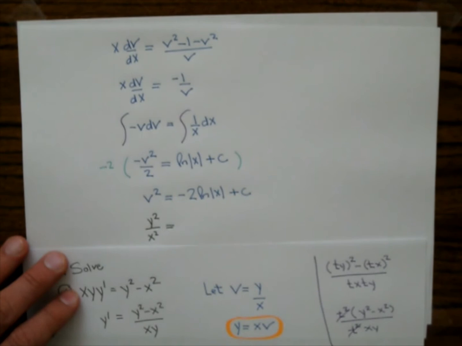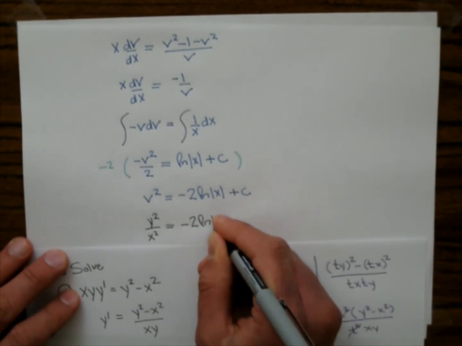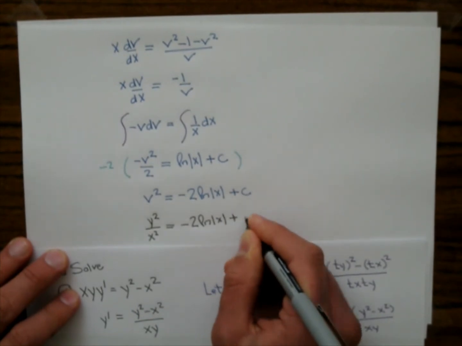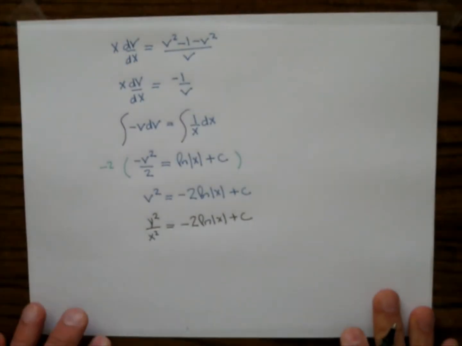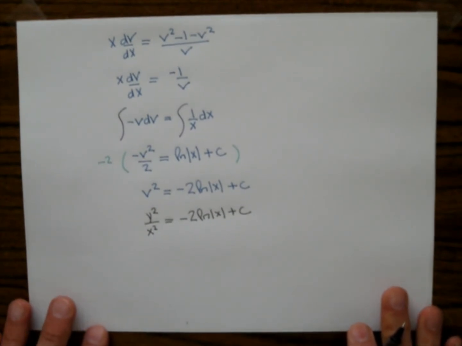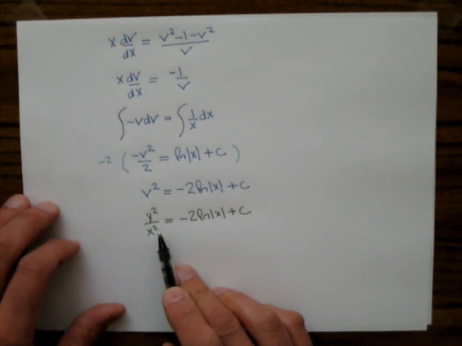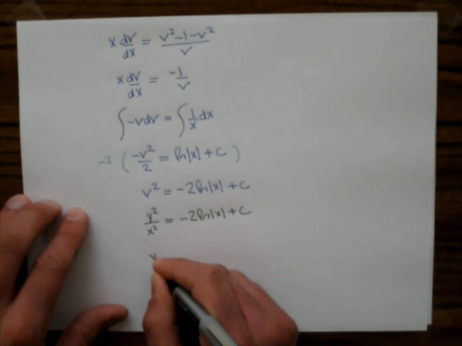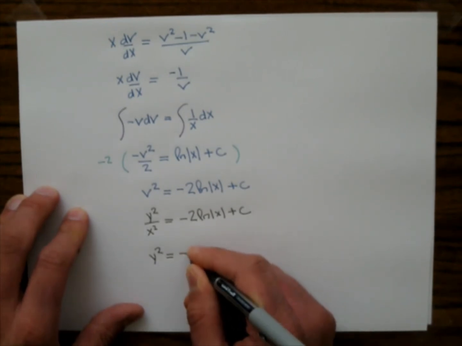And this equals the right hand side, which does not have any v's in it. Okay, so I went back and I put it back into y's, and now I'm solving for my y's, or y squared.